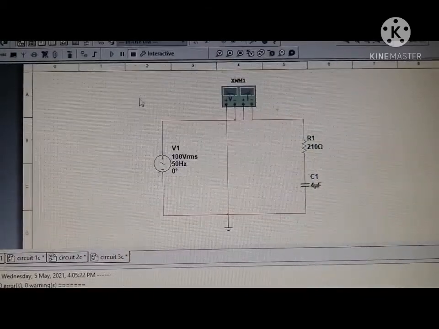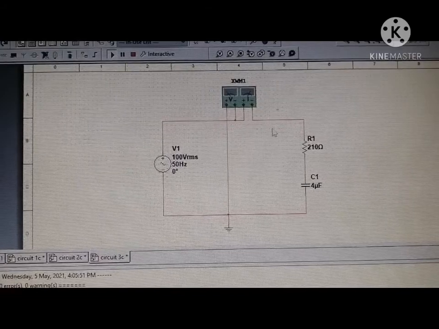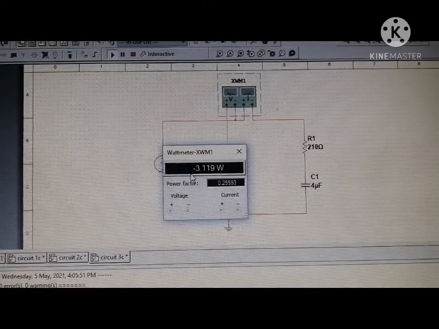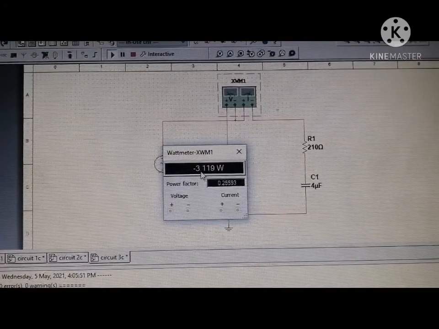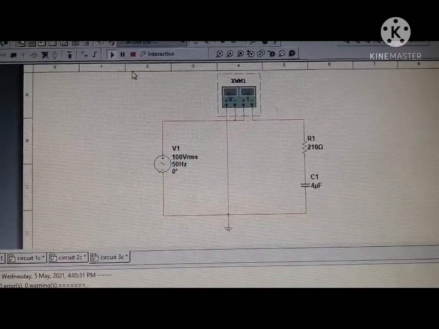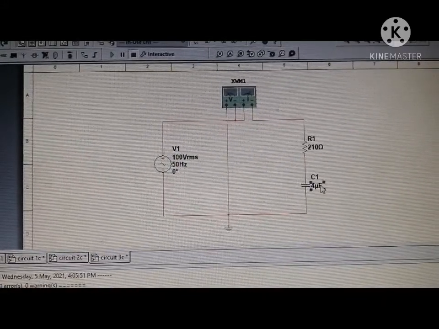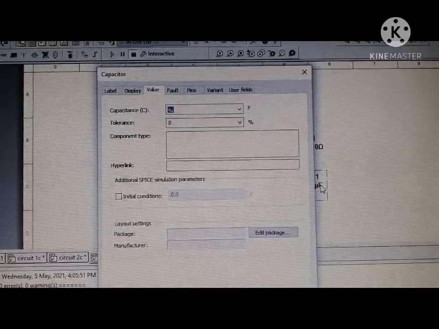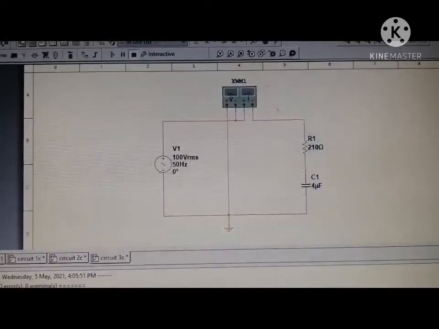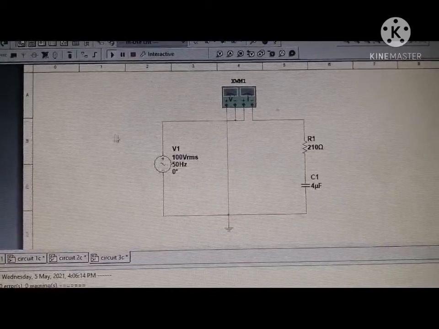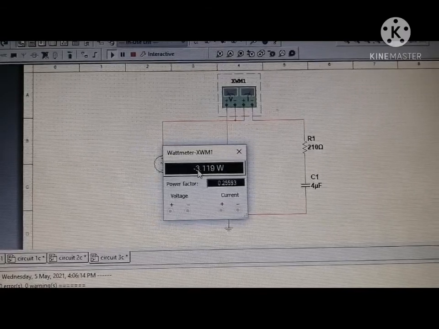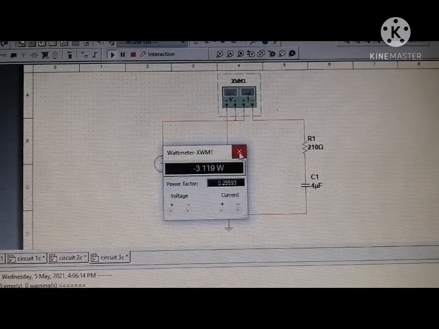Okay, and then run the simulation back, and then you will get negative 3.119 watt for the value of the power.